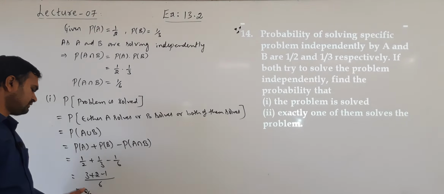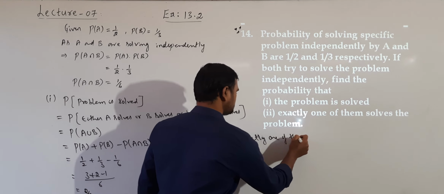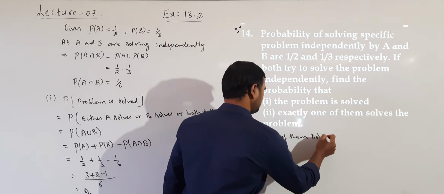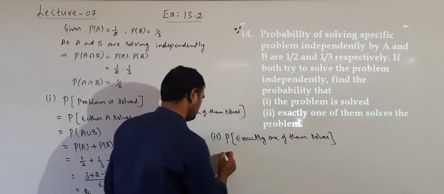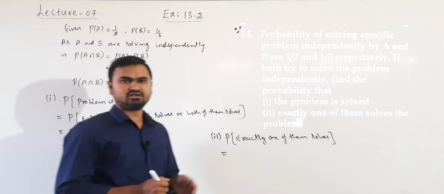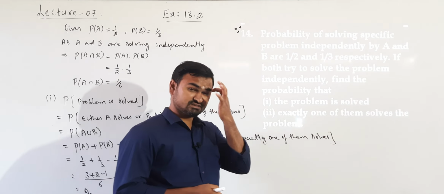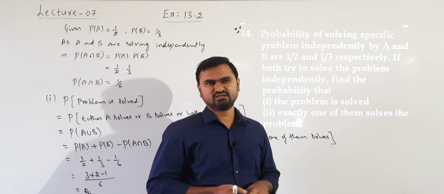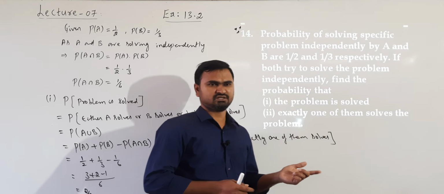Probability of exactly one of them solves. So what do we mean by exactly one of them solves? Exactly one of them solves means when A is solving, B should not solve, or when B is solving, A should not solve. Understanding?